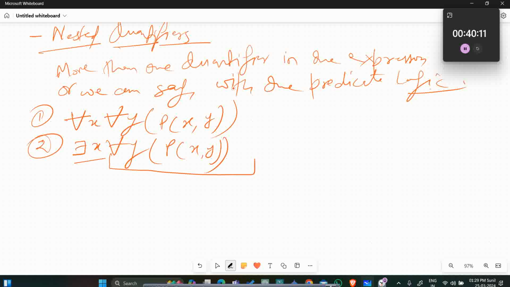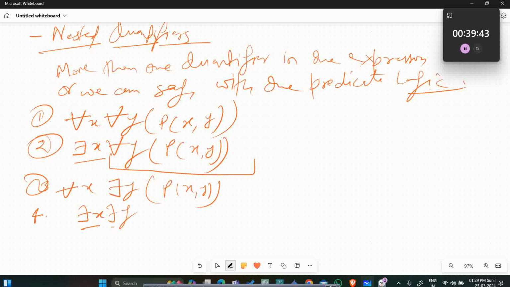Number 3 would be like this: for all x, there exists some y for which p(x, y) is true. Number 4 is there exists some x and there exists some y for which p(x, y) is true.